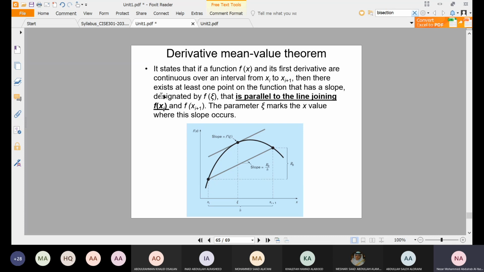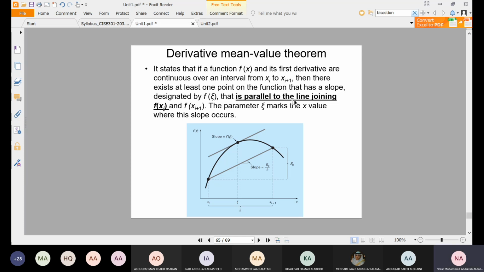Derivative mean value theorem. It states that if a function f of x and its first derivative are continuous over the interval xi to xi plus 1, then there will exist at least one point on the function that has a slope determined by f prime of zeta.